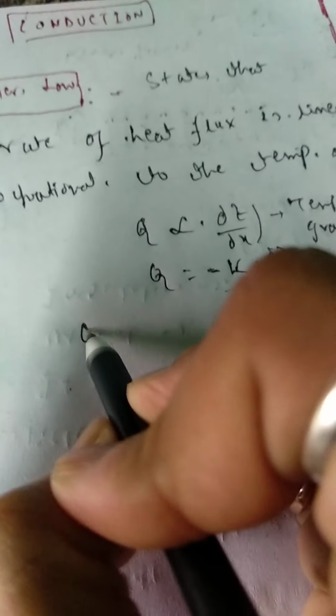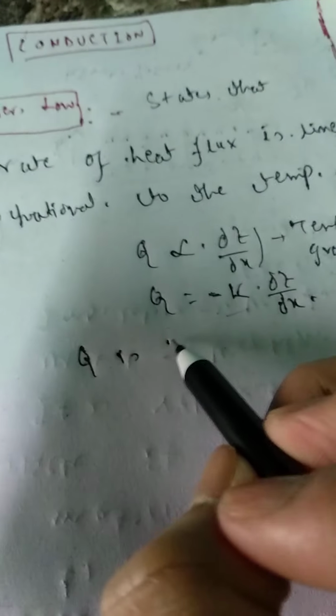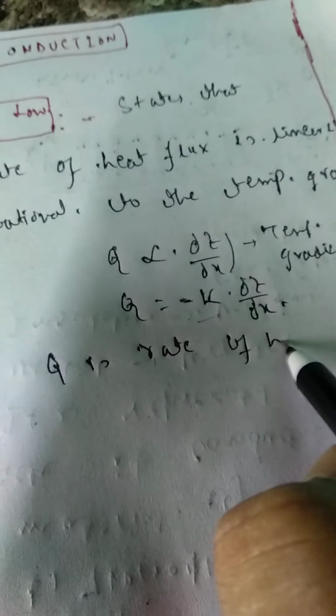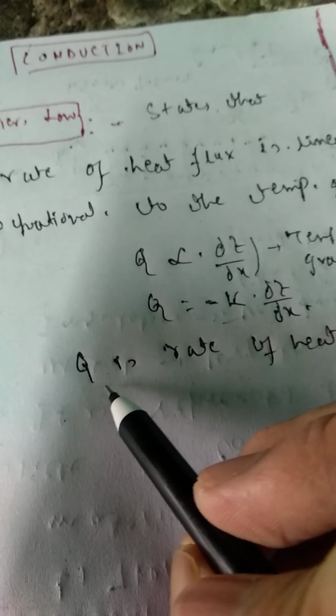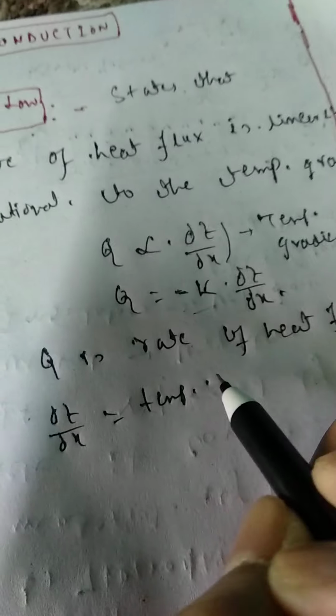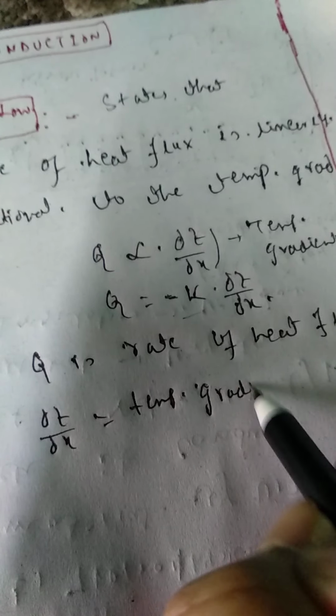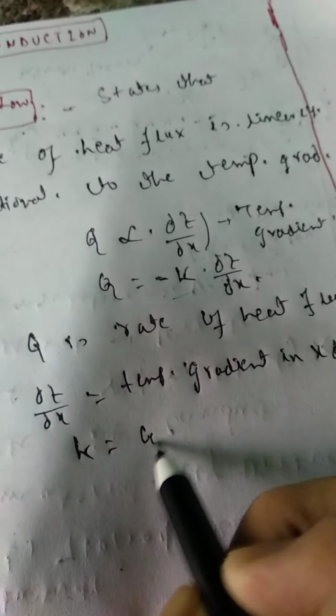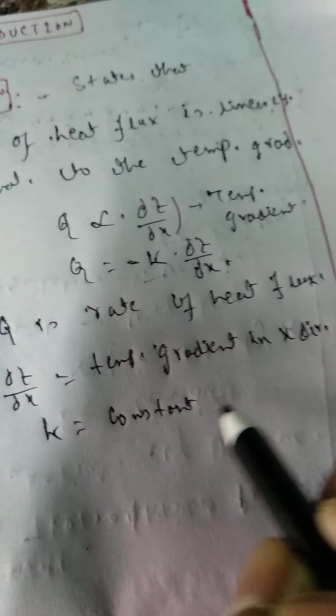Q is the rate of heat flux, dT by dx is the temperature gradient, suppose in the x direction, and K is the constant of proportionality.